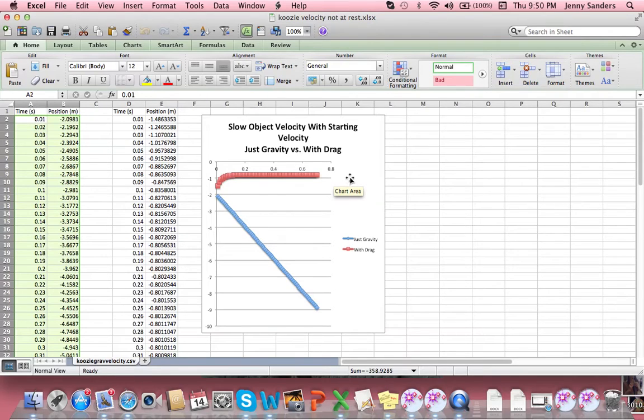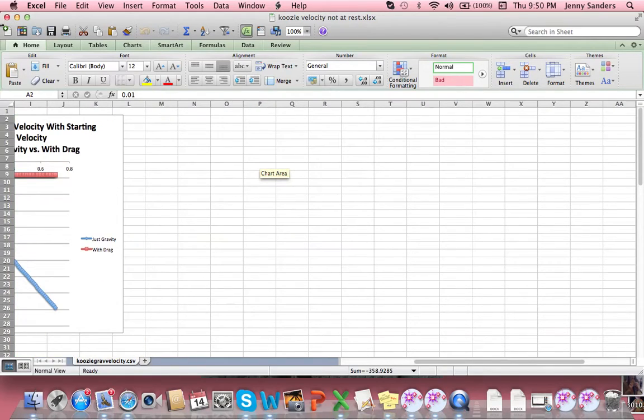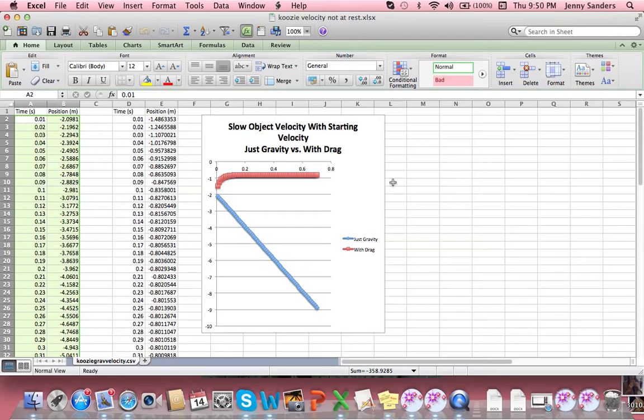So if an object has initial velocity, it will still have a terminal velocity. These models have shown that a falling object's motion is affected by gravity and drag. As you can see, the ones with the drag look just like the Tracker information.